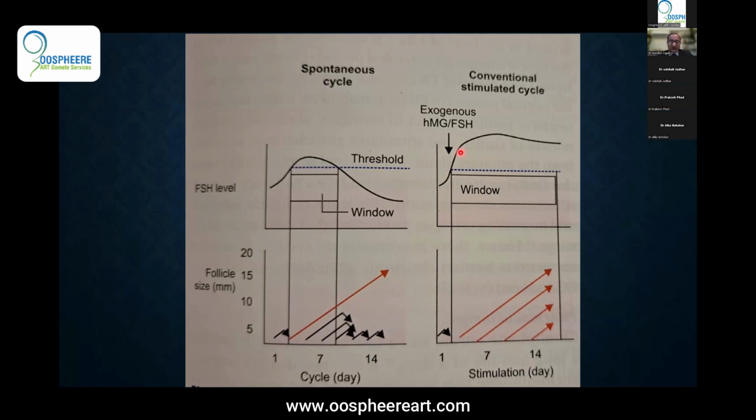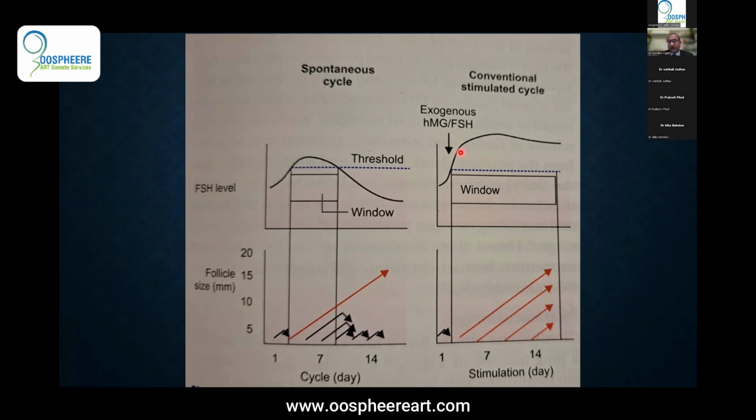So remember, according to the number of antral follicles, you can decide the dose. For patients who have a lower response, that is below 8 antral follicles, you can safely go with HMG 450. So remember this: 450, 300, 150.